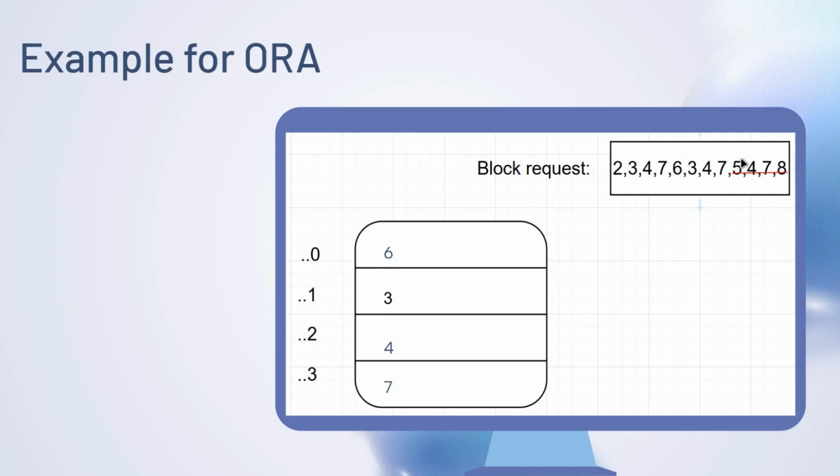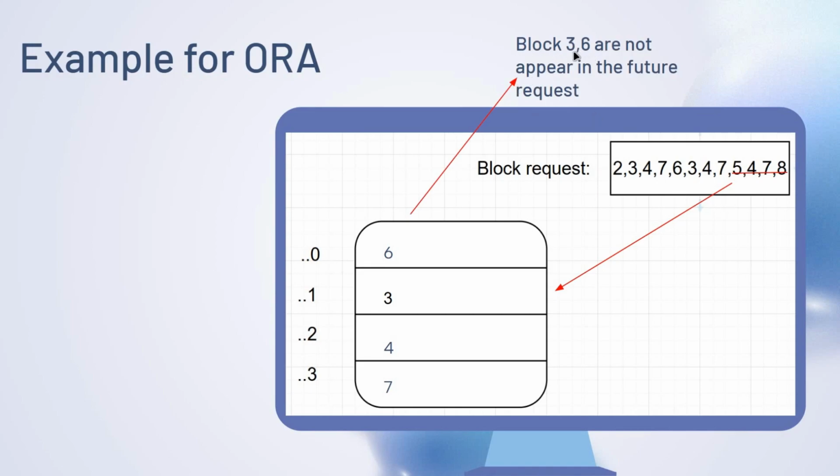So now we go to block number 5. Just continue the process: we have to look at the future request information. Block number 3 and block number 6 do not appear in the future requests. So right now we have a problem. The optimal replacement could choose block number 3 or block number 6.